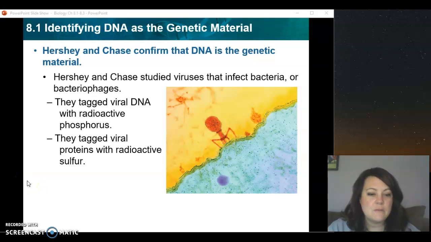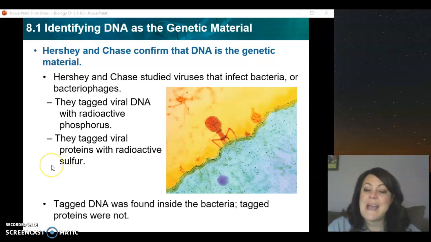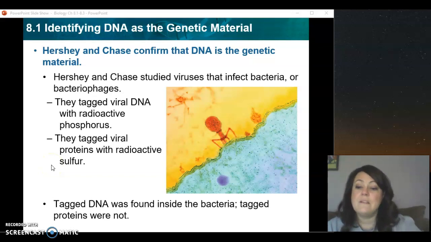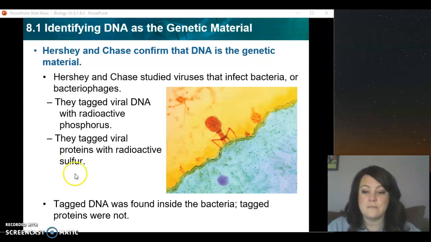What they found was that, when they separated the protein from the DNA in the infected bacteria using, yes, just a plain old kitchen blender, then separated the two by centrifuge and examined them, the tagged DNA was the only thing that was inside the bacteria. The tagged proteins were not.